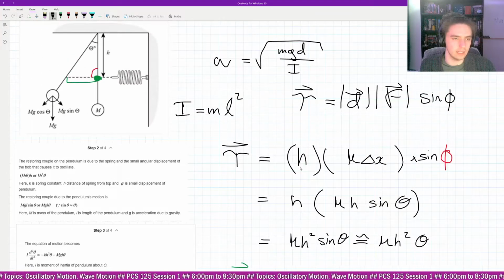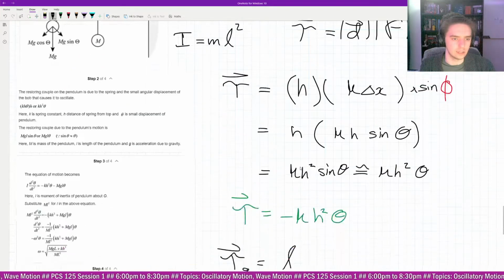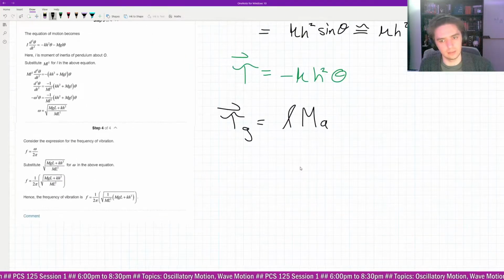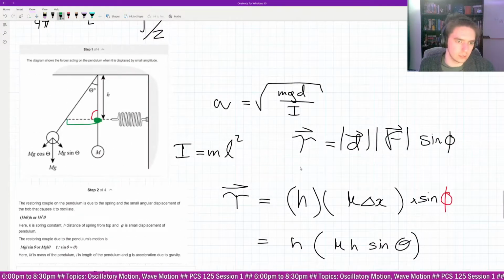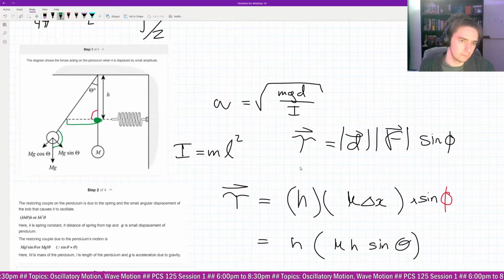The force of gravity is just mg, the mass times gravity. And now the angle between them. What's this angle here? Well, that angle there is 180 minus theta.